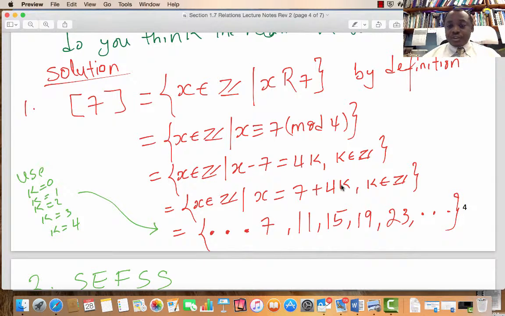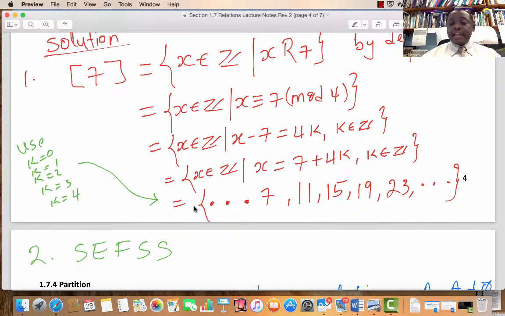Substitute when k is 0, when k is 1, when k is 2, when k is 3, and so on and so forth. And you would get 7, 11, 15, 19, 23, and it continues in both directions. These are the elements that are related to 7. And this set is the equivalence class containing 7.